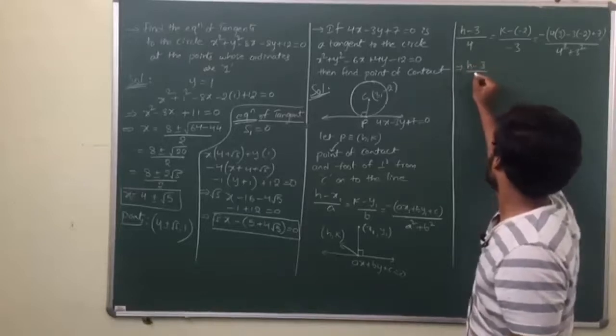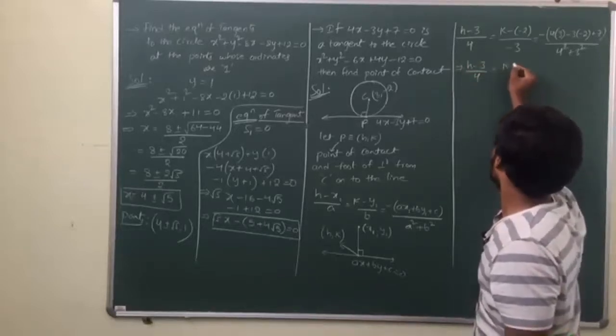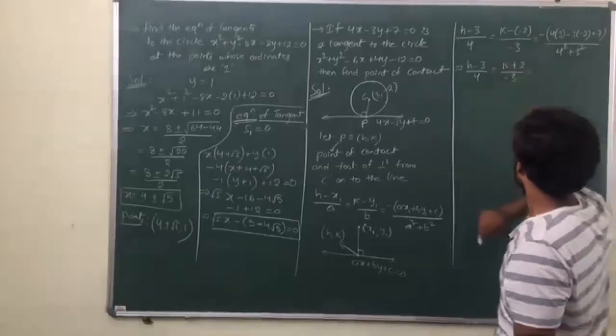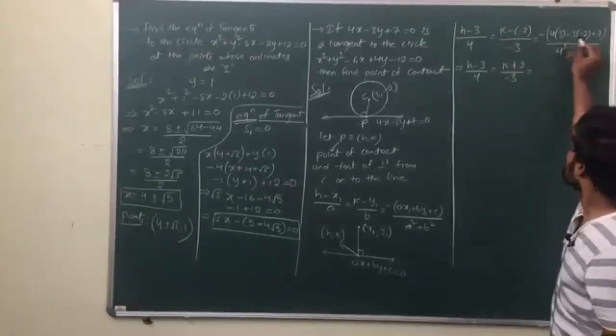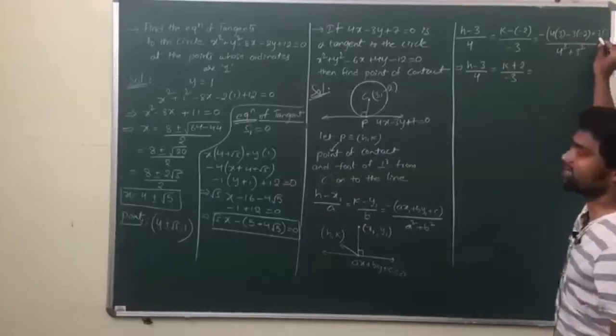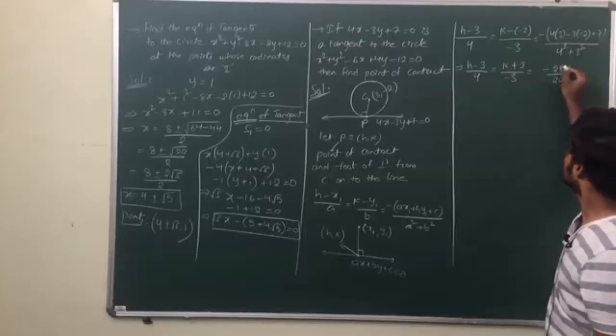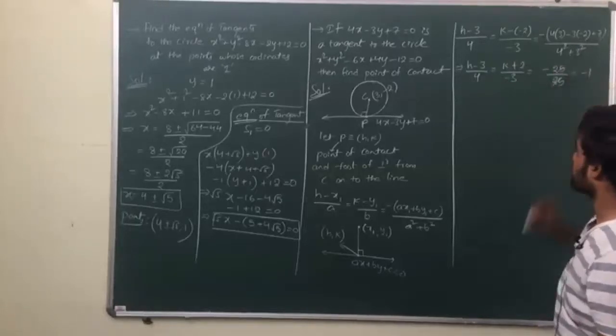(h minus 3) by 4 is equal to (k plus 2) by minus 3 is equal to minus (12 plus 6, 18, 18 plus 7, 25) upon 25, which is equal to minus 1.